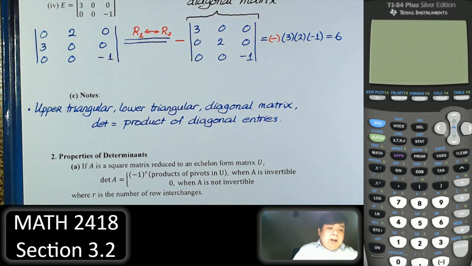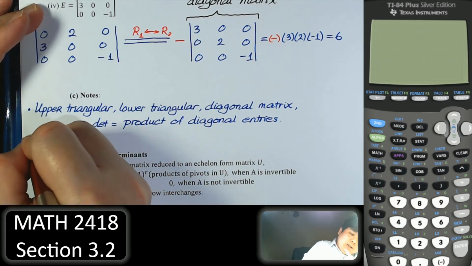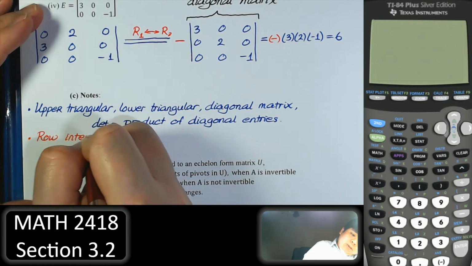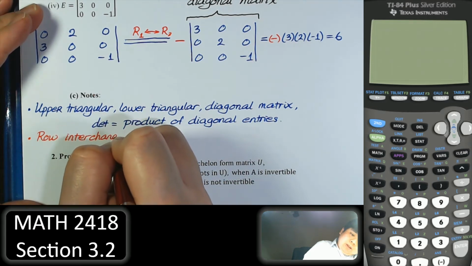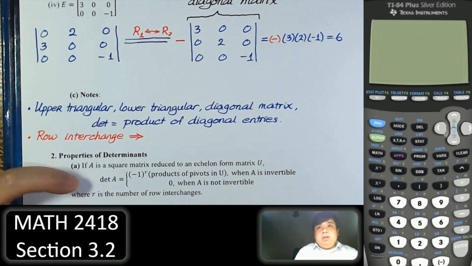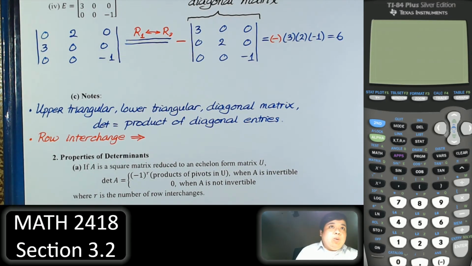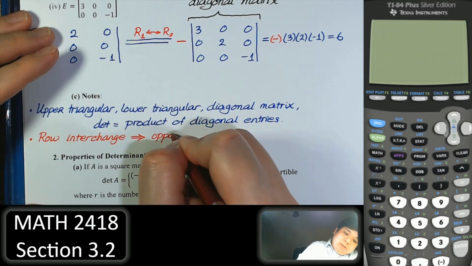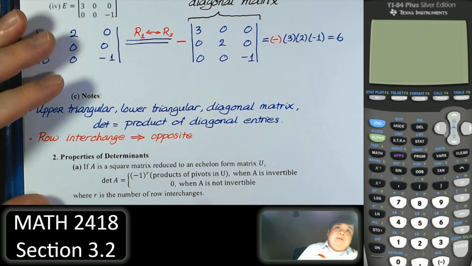That's the first one. Next we have row interchange. We turn the determinant into the opposite. So row interchange, what do we say? Just turn into the opposite value of the determinant.